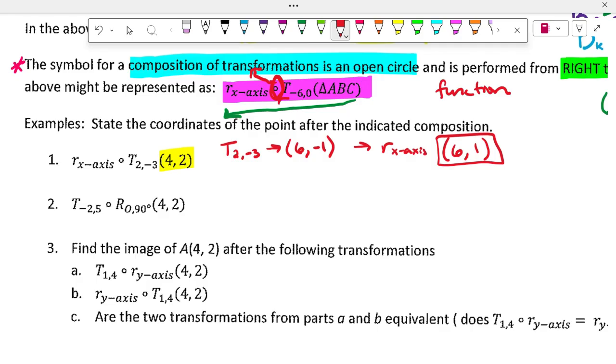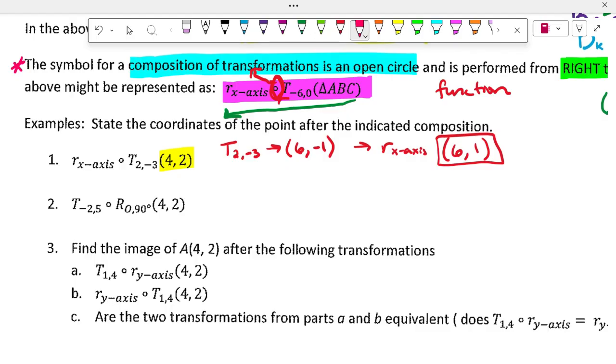So that would be 3, positive 1. The x's would remain the same, and the only thing that changes is the y value. Since it has to be the same distance, if you think number line wise, the negative would become positive and vice versa. And it's the opposite if you flip over the y-axis: the x would change.